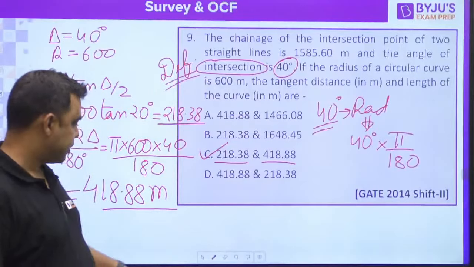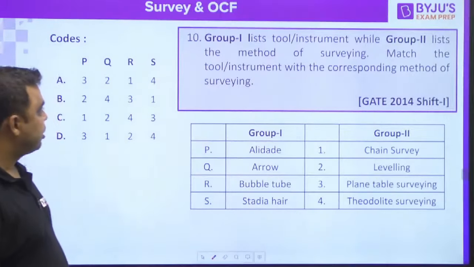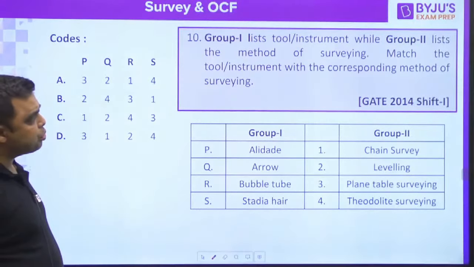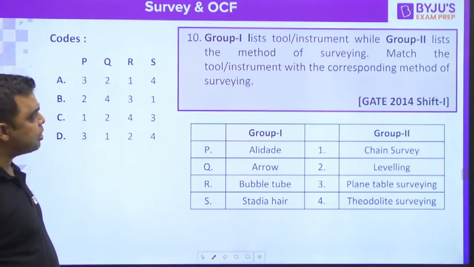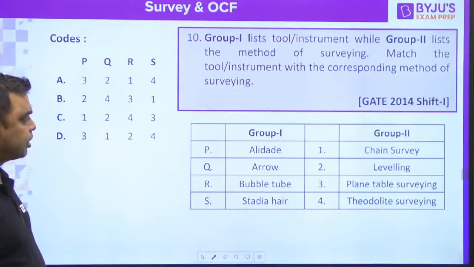Chaliye, next. Next, this is the question. Group 1 lists tools or instruments while group 2 lists the methods of surveying. Match the tools with the corresponding method of surveying. Okay, match the following, 2014 shift 1.